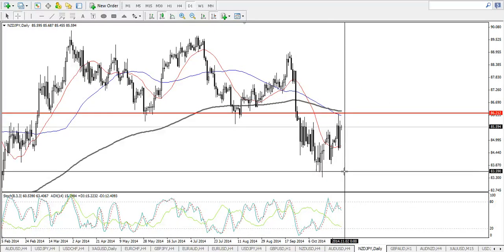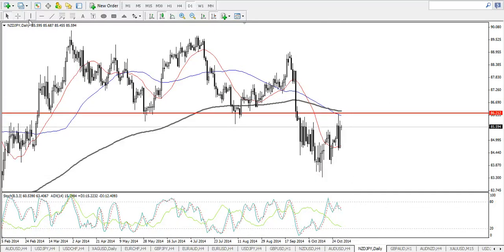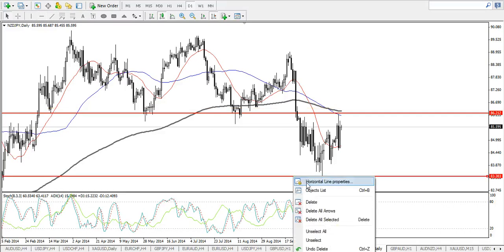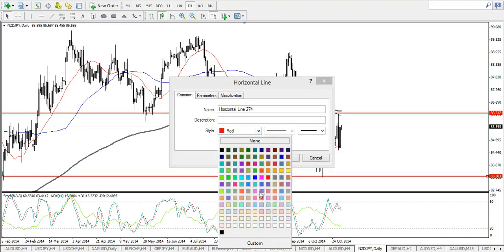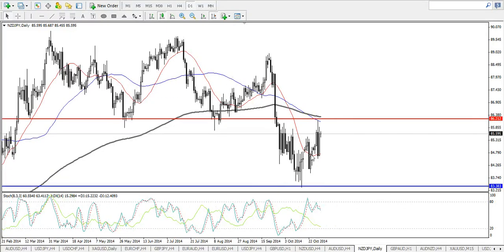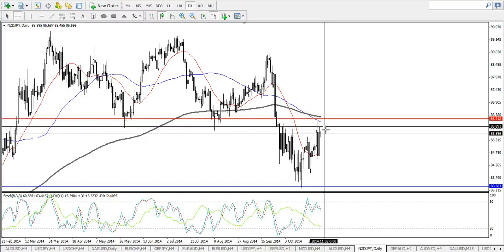Alright, it touched a low over here. This was actually a final absorption level. Previously I have plotted it, I just put it back again, and it rebounded back to the previous key support level at 86.21.